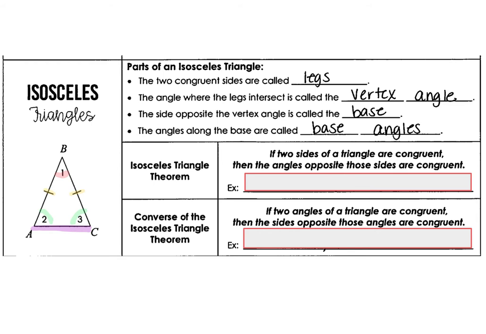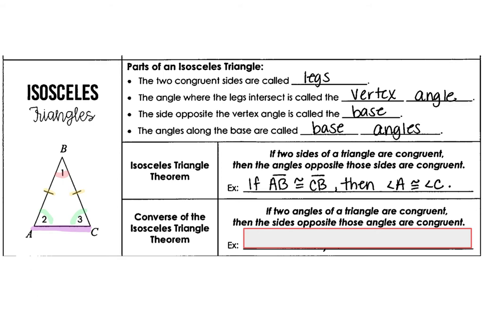All right, we have some theorems here that again you're going to use when we get into proofs. The isosceles triangle theorem says if two sides of a triangle are congruent, then the angles opposite those sides are congruent. So what are they saying?